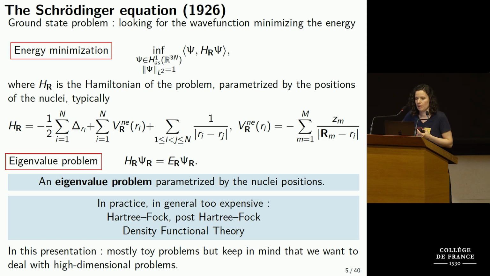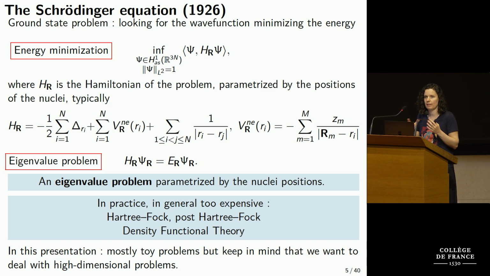We minimize the expectation value of the Hamiltonian, where the Hamiltonian is an operator which is parameterized by the position of the nuclei through the Coulomb interaction between the nuclei and the electrons. This is this thing here. It can be recast as an eigenvalue problem, which is exactly the Schrödinger equation, which is now 100 years old.